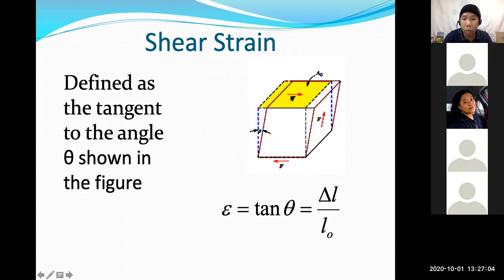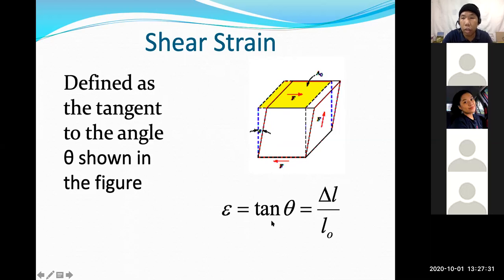The direction of the force, and here you have the angle represented by theta. As you know, strain is defined as the change in length of the material over the original length of that material. So here we can determine this shear strain by taking the tangent of theta.